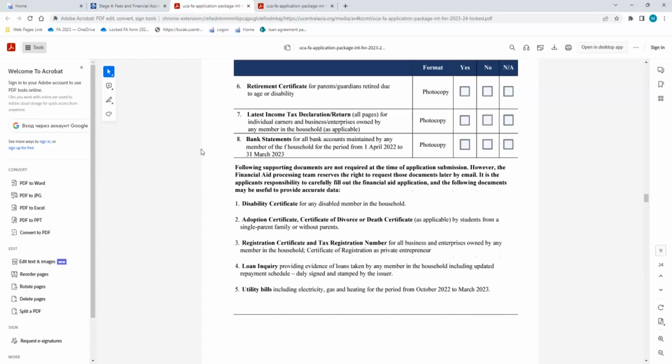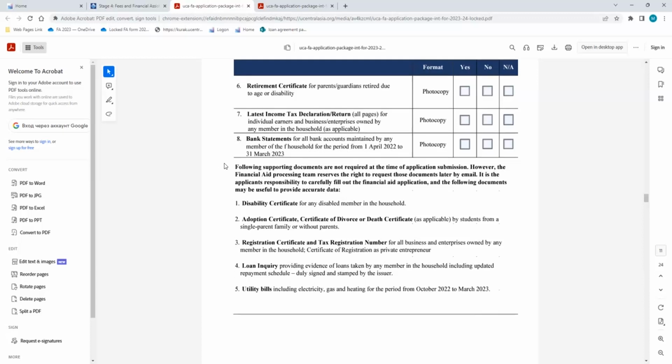The 8th document is the bank statement for all bank accounts. As I mentioned, if you remember Annex H, I indicated that I have 4 bank accounts, and it means I have to provide 4 bank statements separately, and they should be for the period from April 2022 to 31st of March 2023.